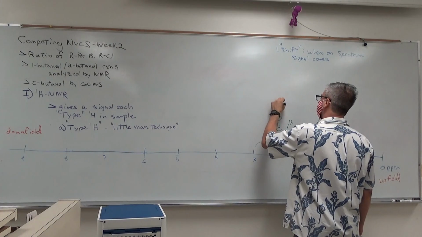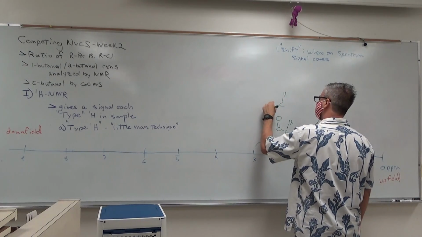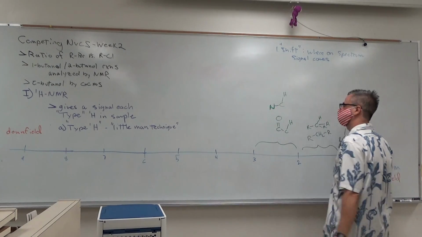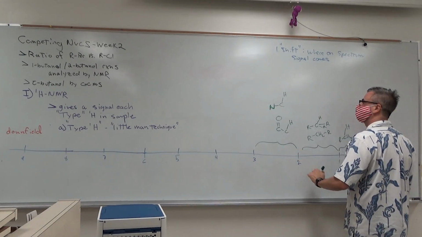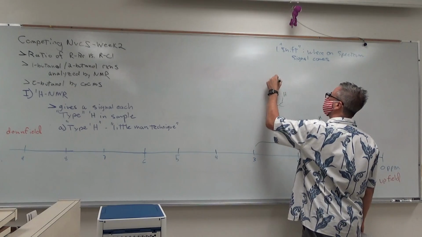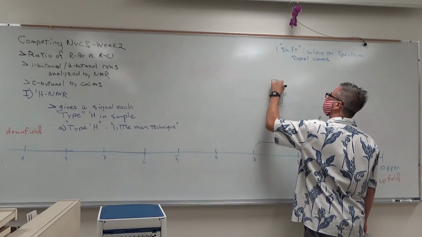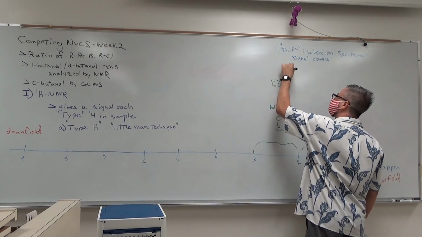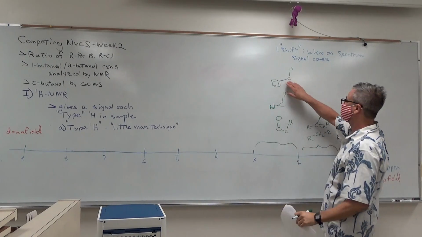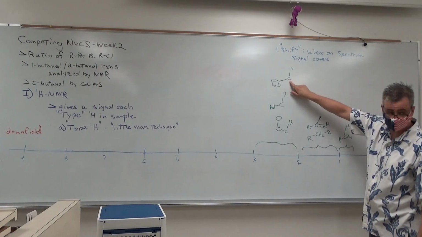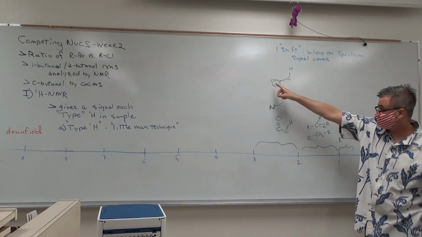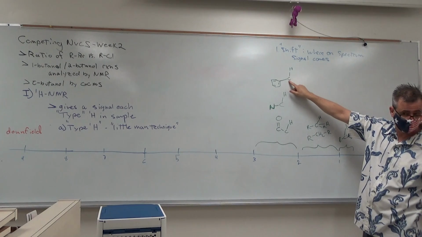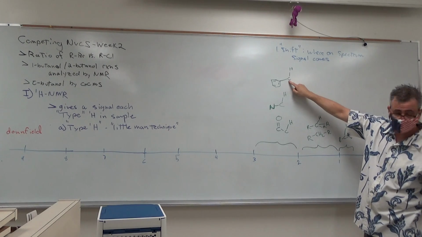If you have a CH attached to a nitrogen, it tends to be in this area. Does anybody know what position this is called, where it's a carbon attached to an aromatic ring? Beta? Nope.